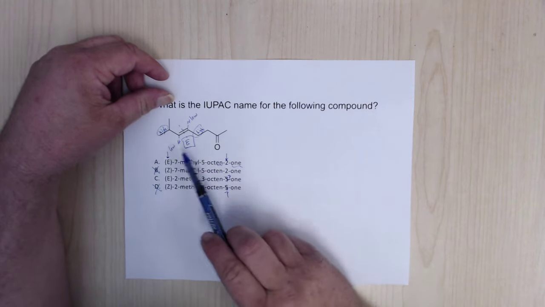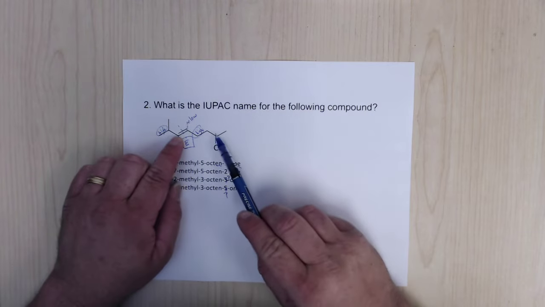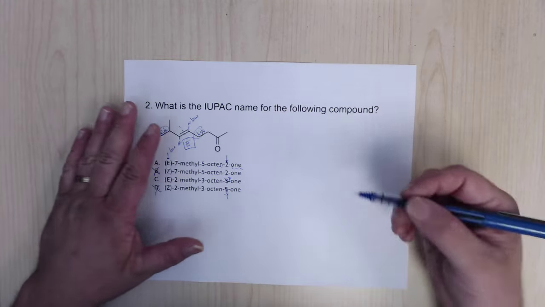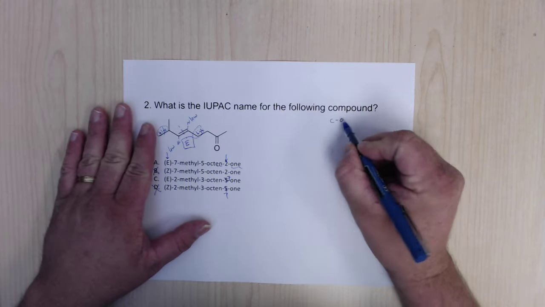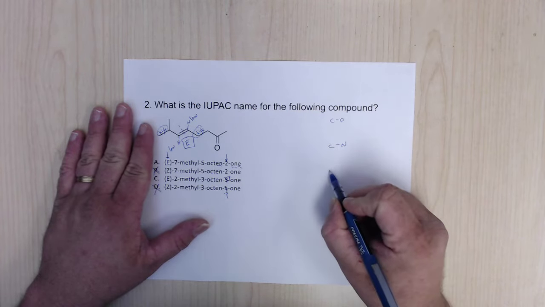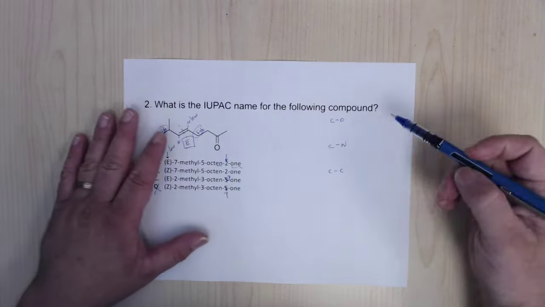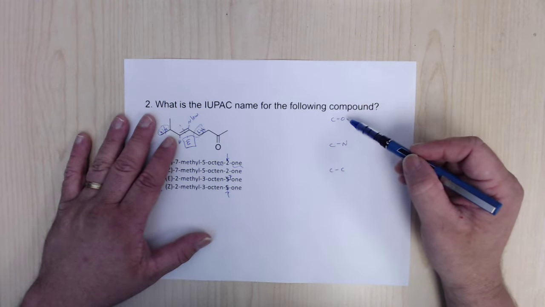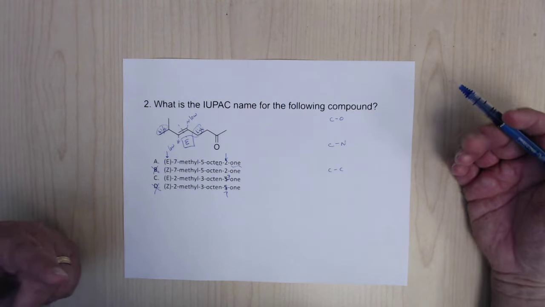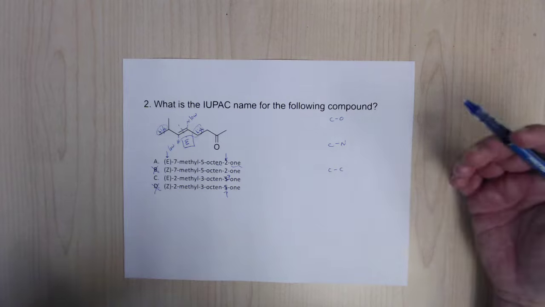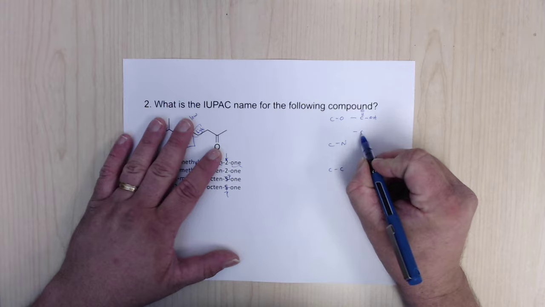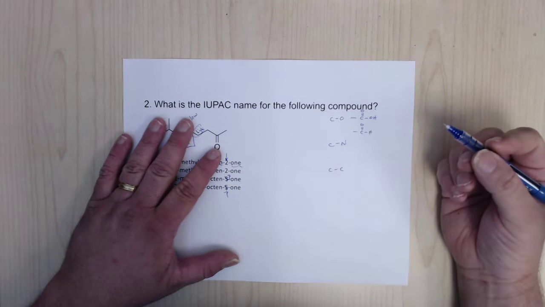So what we're going to want to do, because we have two functional groups, is think about priority. The way that usually works is carbon-oxygen bonds are higher priority than carbon-nitrogen bonds, which are higher priority than carbon-carbon bonds. So the more heteroatom bonds on the carbon that make up that functional group, the higher the priority. For example, a carboxylic acid is going to be a higher priority than an aldehyde.